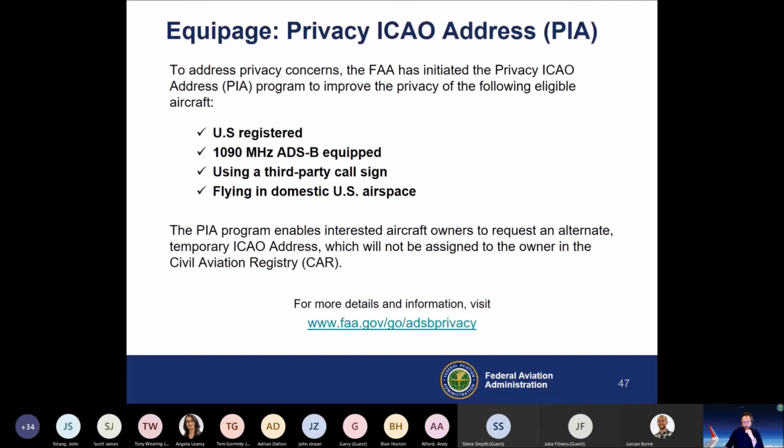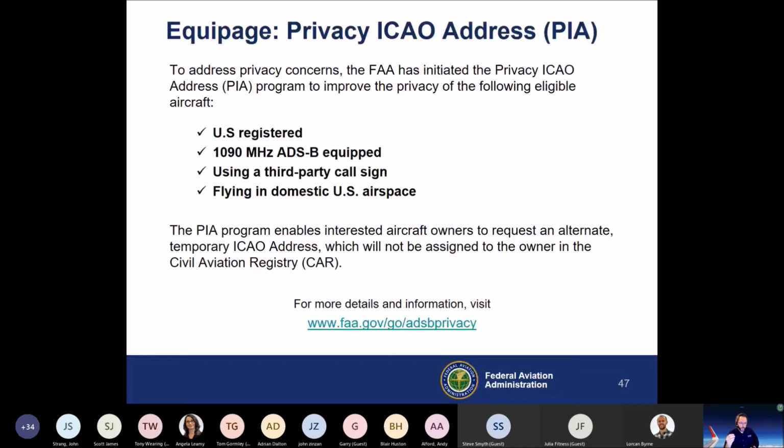Well, if you don't want that to occur, you can go through this PIA system and request an address out of a block that is not linked to a specific airframe, and you can borrow, like a library, this ICAO address, do a maintenance action on your aircraft, and change the address.